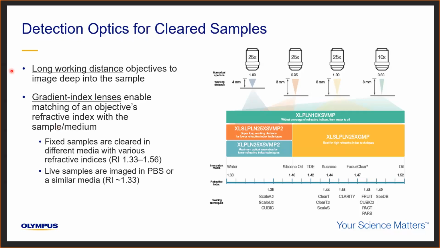They have correction collars that can be used to adjust the refractive index. Another thing you should note is that detection optics for Lightsheet microscopy has to have a long working distance, so you can actually image through the entire sample. All right, so the key points here are the detection optic that you use must have a long working distance and should have gradient index to allow you to match the refractive index of the sample and the clearing method used.